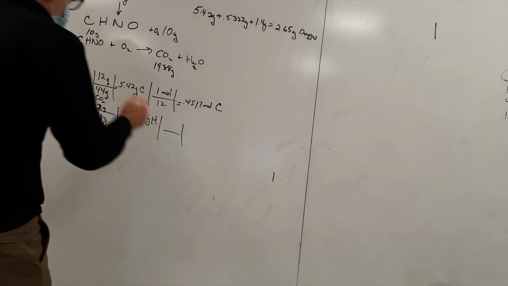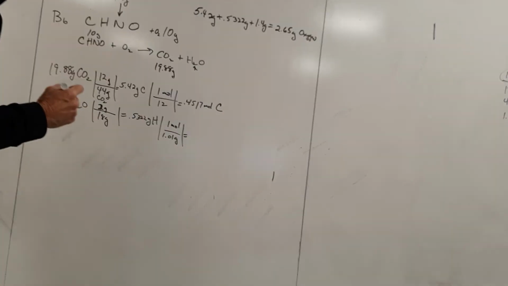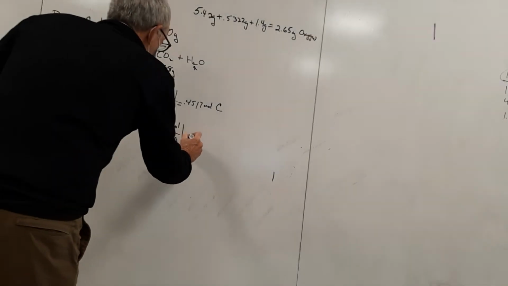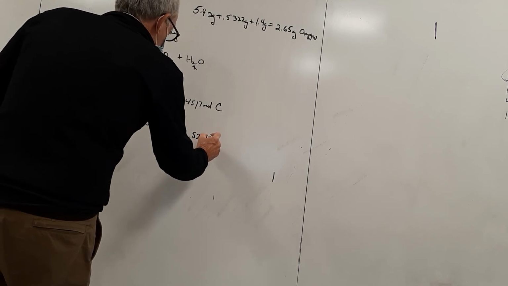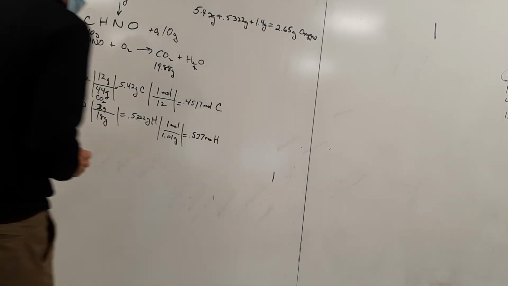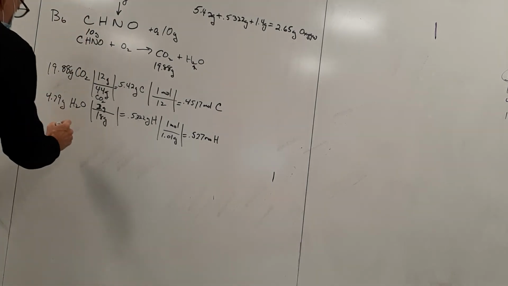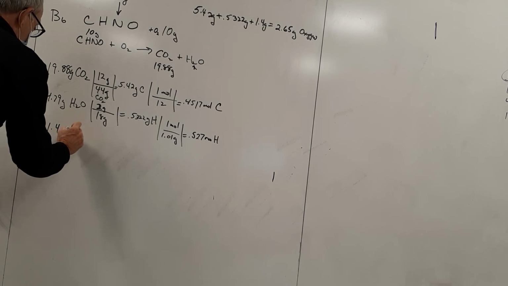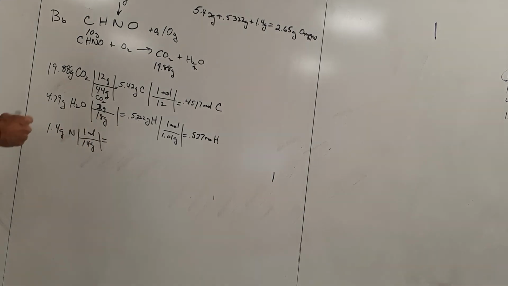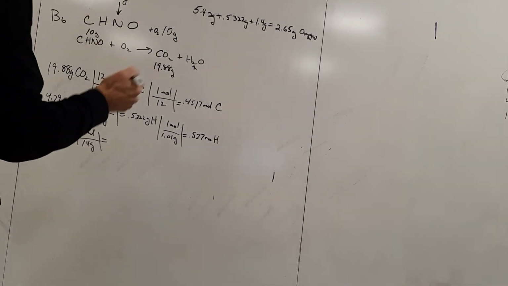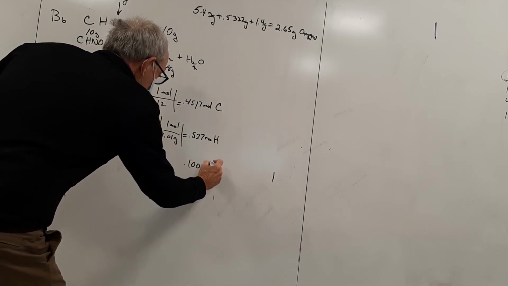Take the hydrogen, 1 mole over 1.01 grams, gives me 0.527 moles of hydrogen. Nitrogen is 1.4 grams, and 1 mole over 14 grams gives me 0.100 moles of nitrogen.